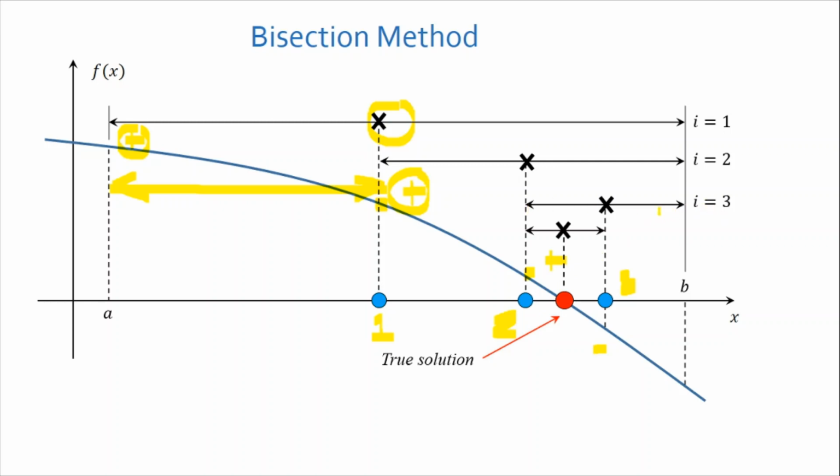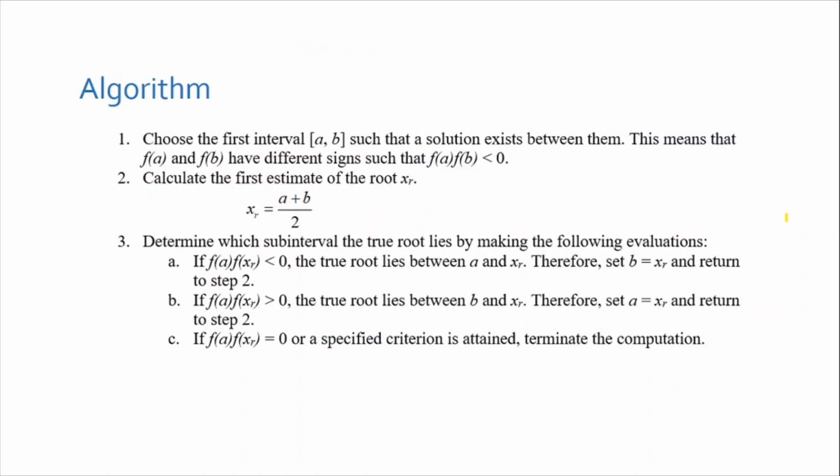Getting the third interval and bisecting that interval again will be the third approximate of the root. And lastly, the bisection of the fourth interval is now getting closer or maybe really equal to the true solution of this equation.